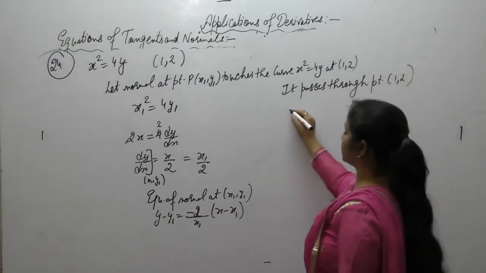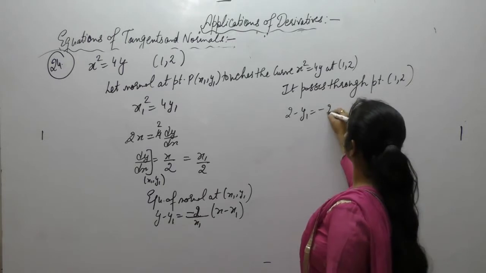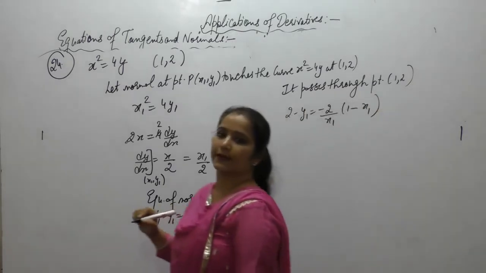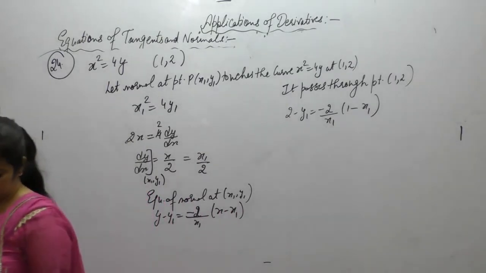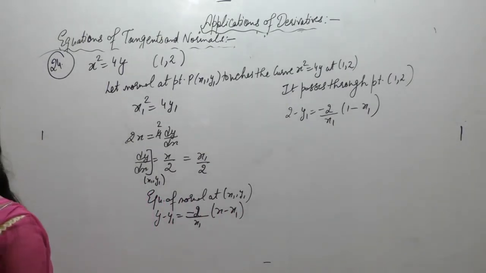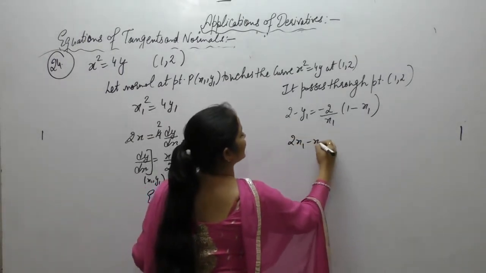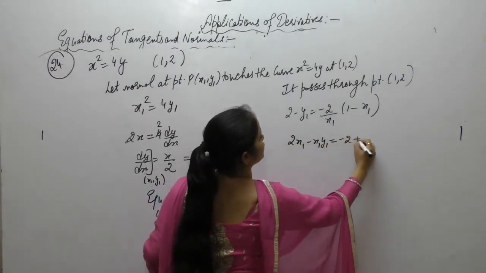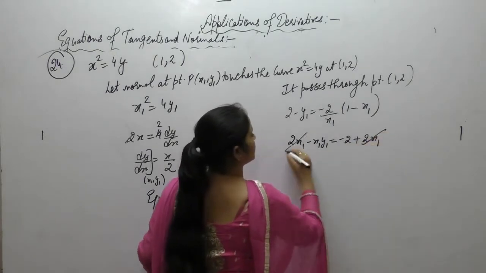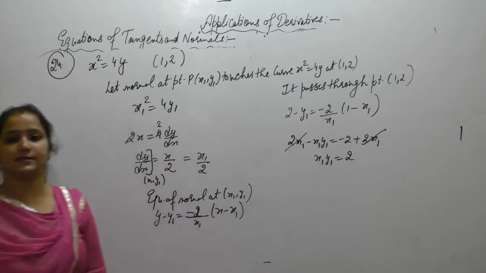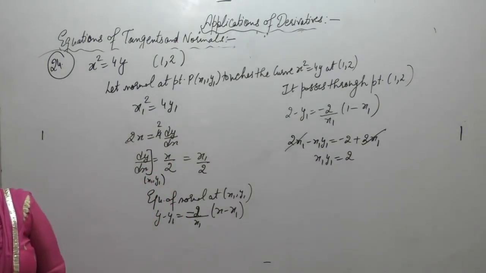Put y equal to 2 and x as 1. Clear up to here? Now solve this. 2x1 minus x1 y1 minus 2 minus minus plus. From here we get x1 y1 is equal to 2.